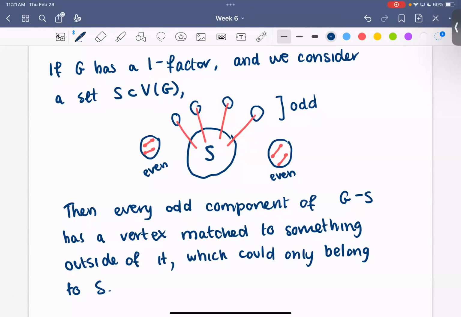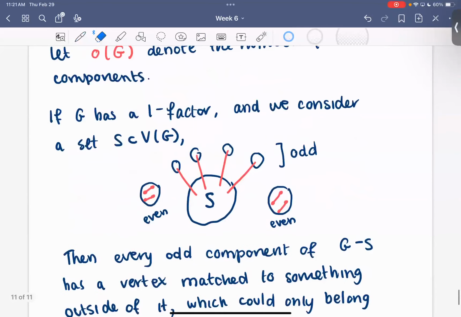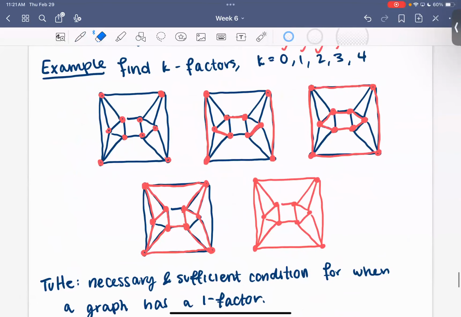Okay, maybe I'm going to replace this with a specific example. Or actually, let's just go back to this graph.